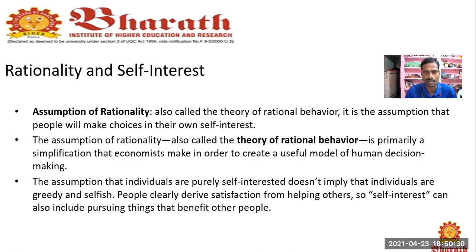So there is a theory of rational behavior. It is the assumption that people will make choices in their own self-interest. They have alternatives, and among those alternatives, they will make choices on their own.